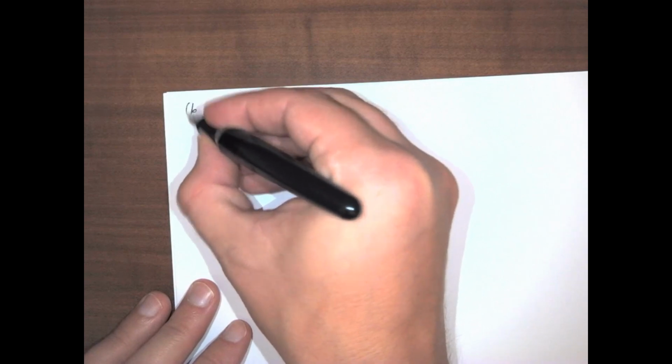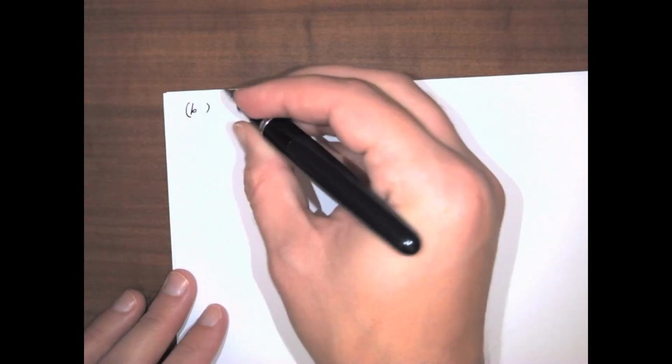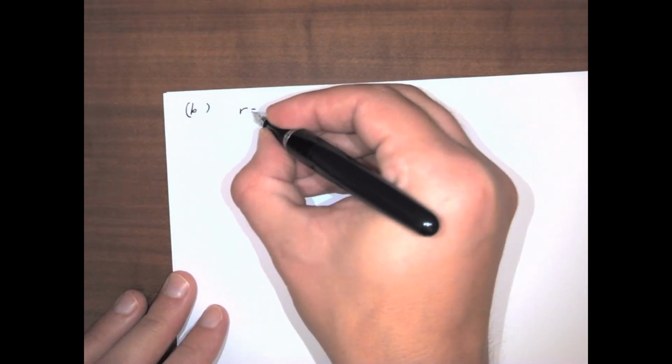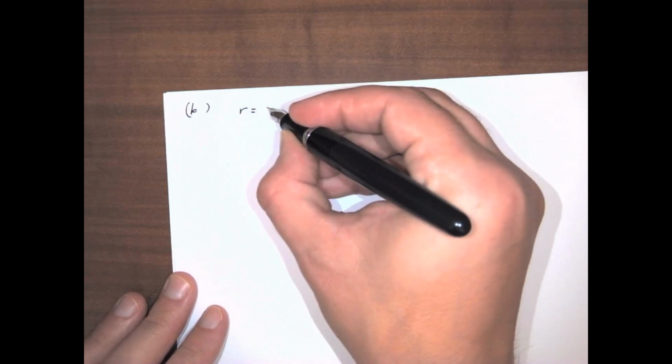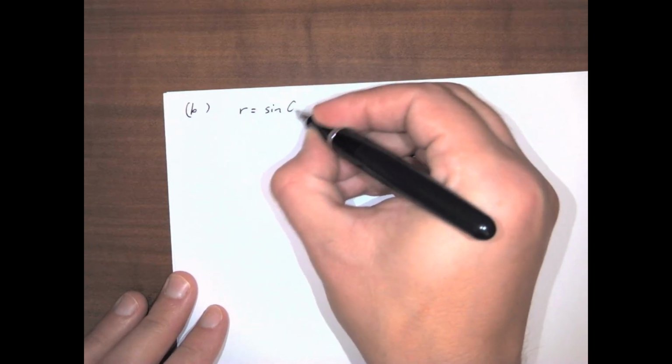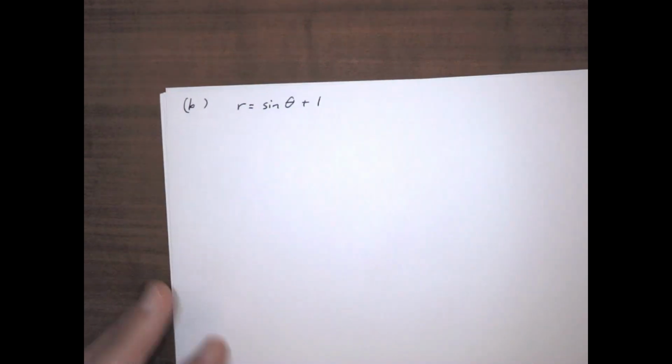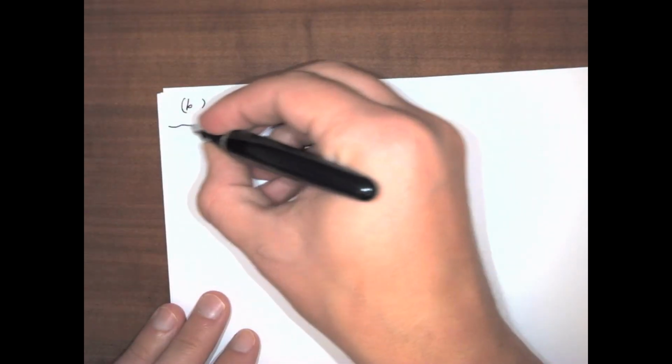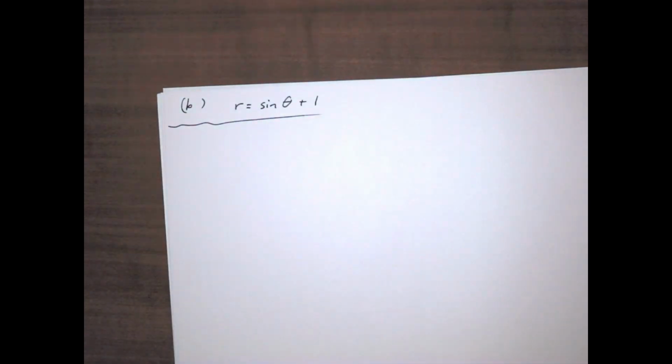What about something like this? R equals sine theta plus 1. So that plus 1 is a slight twist on the whole thing.